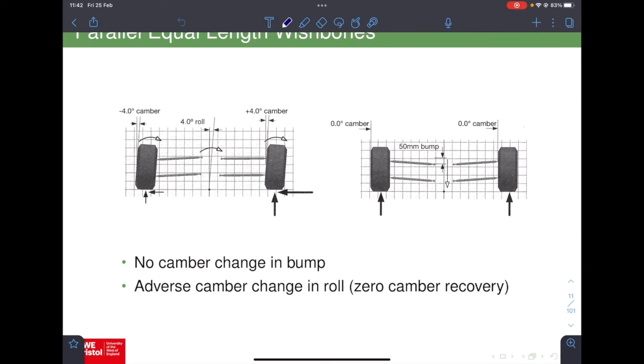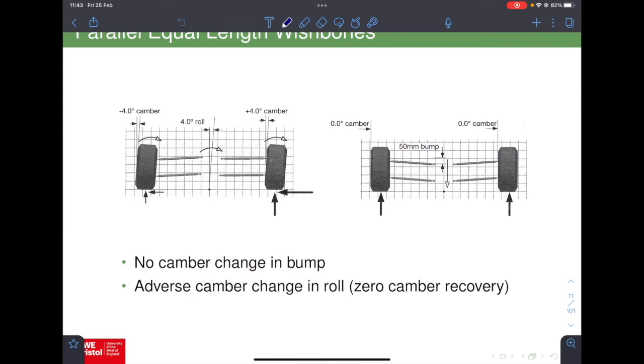The reason we call that camber recovery is that, imagine the vehicle is rolling to the right, which means it's going round a left-hand corner. Ideally you want the wheels to be cambered towards the centre of the corner. You can see quite clearly that the way this is resulting is that the wheels are cambered outside. You can see the load being applied to the wheels, denoted by the arrows.